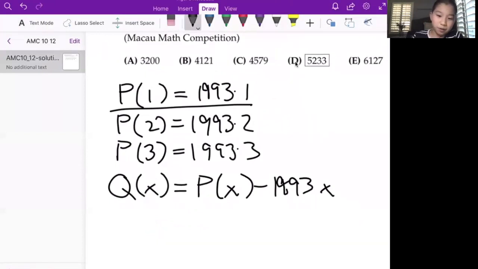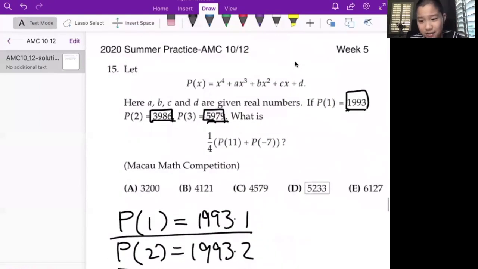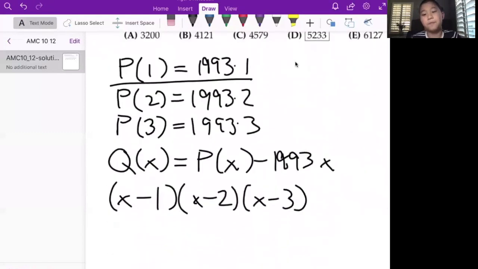So then q of x, let's think about it a bit further. We know that it has to have roots 1, 2, and 3, so it has to be divisible by this polynomial. And we also know that p of x is a degree 4 polynomial. So q of x must also be a degree 4 polynomial, since this linear term doesn't increase or decrease the degree.